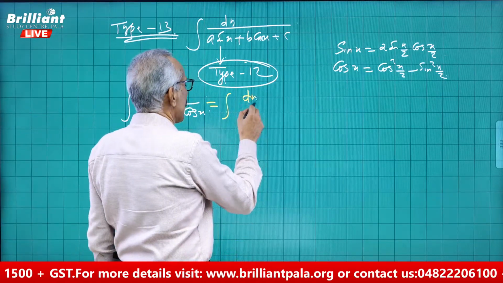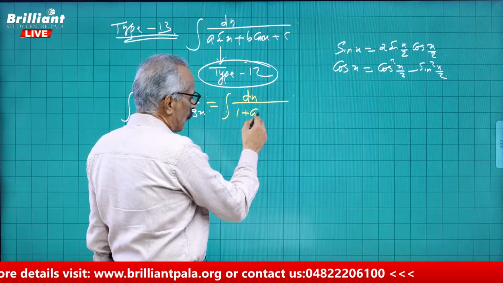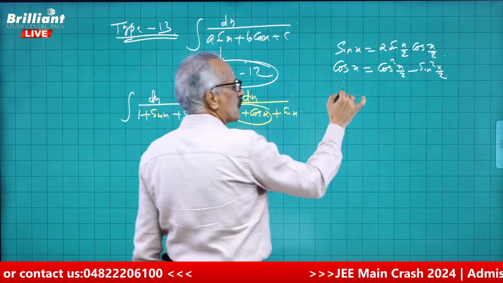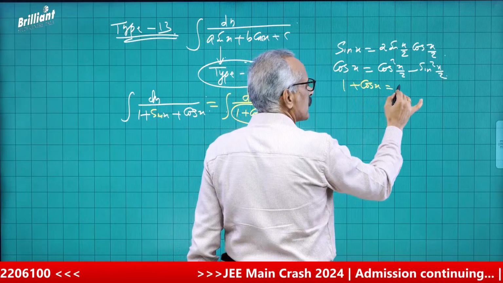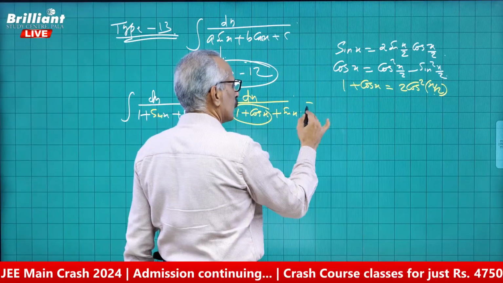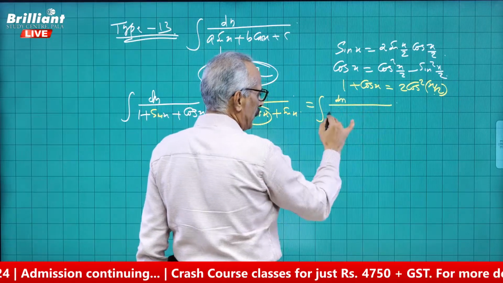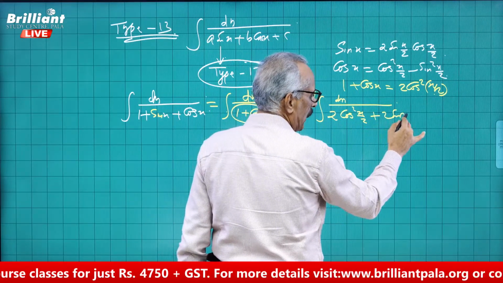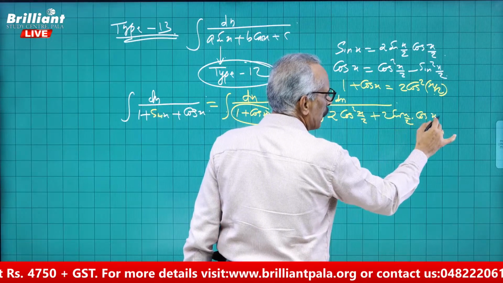So integral dx divided by 1 plus cos x plus sin x. What's the formula for 1 plus cos x? 1 plus cos x is very simple, 2 cos square x by 2. So this is dx divided by 2 cos square x by 2 plus 2 sin x by 2 into cos x by 2.